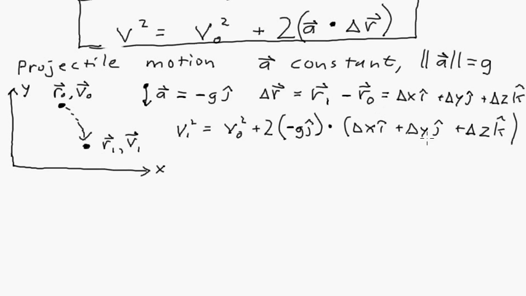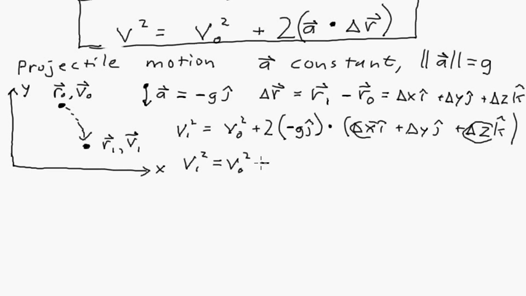Alright, so if we evaluate the dot product here, then it turns out that we get a very nice result here where the only component of this acceleration is in j. So when we take the dot product, the delta x term and the delta z term just vanish. And all that's left is this delta y term, because that's all that gets multiplied by j.